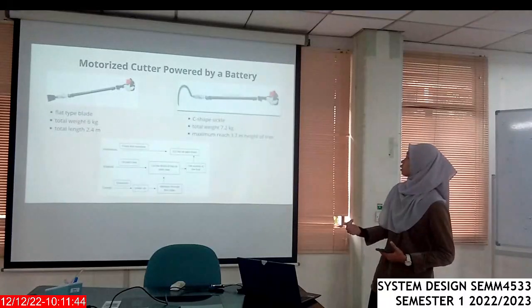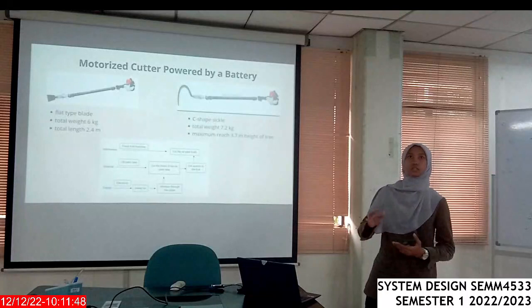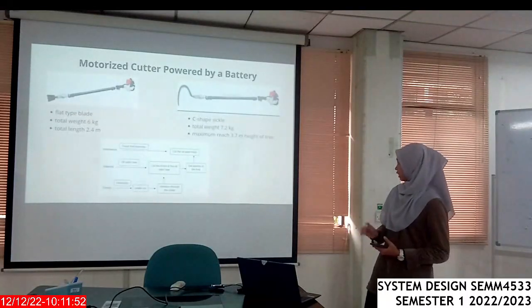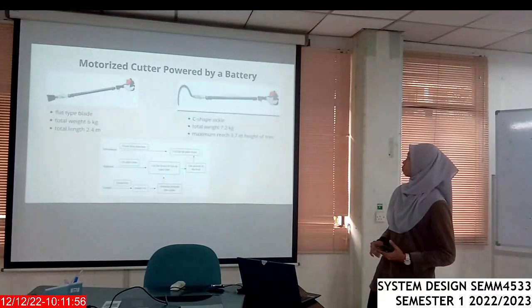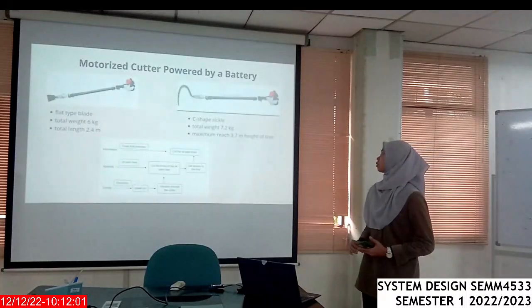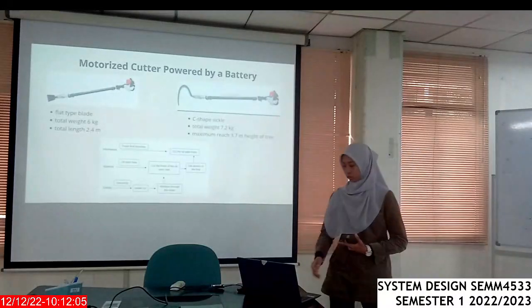The second one is Jantas Advanced 2, which contains a C-shaped sickle, has a total weight of 7.2 kg, and can reach a maximum of 3.7 meter height of tree.